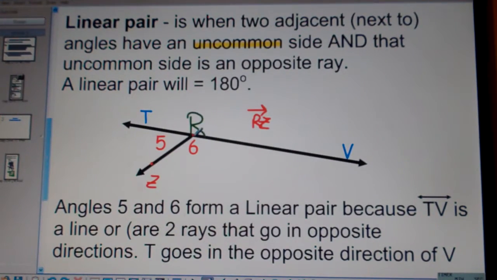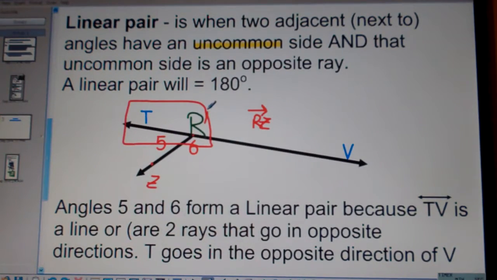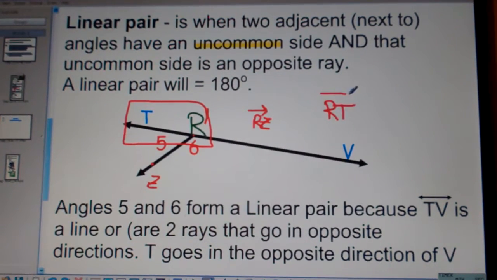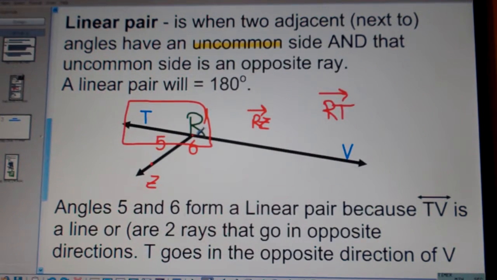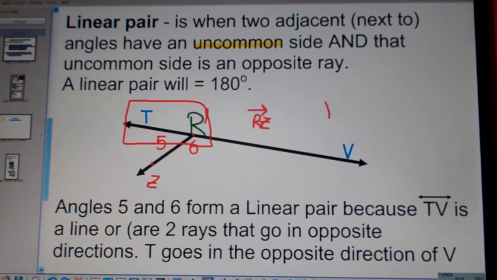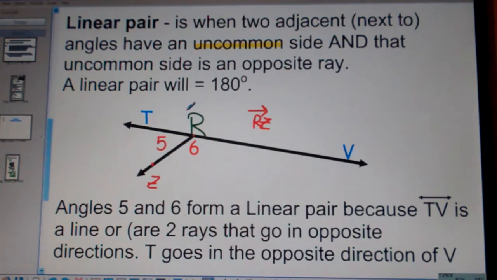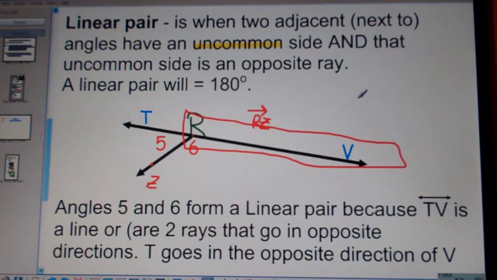How is it a ray? Well, if I look at it in two parts, one portion is ray RT. Although the symbol shoots to the right, if we look at the actual line, it shoots upward this way. So there's one ray that's going in one direction, and the second portion of that line is ray RV.